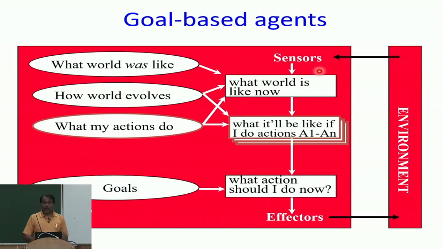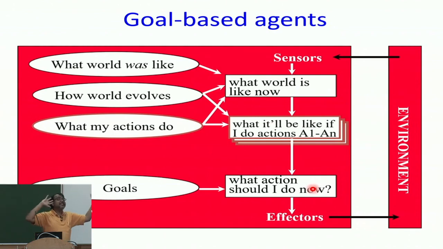So, we will have a goal that we want to achieve in a goal based agent. We will also have this understanding of what the world was like, how the world evolves, but additionally we will have the understanding of what my actions do. If I take a certain action in a certain state, what will be the world? And you can extrapolate it to say, if I do a sequence of actions, how will the world evolve, whether I will reach the goal or not, and then based on that I will figure out which action do I do now.